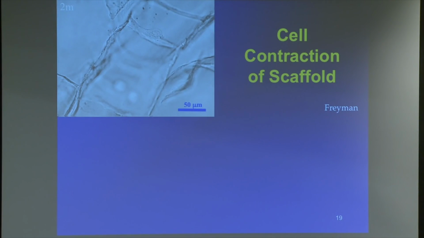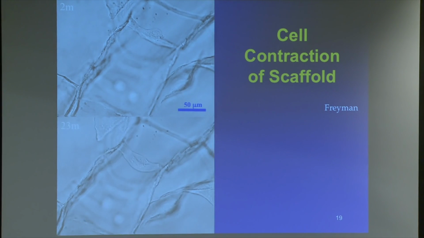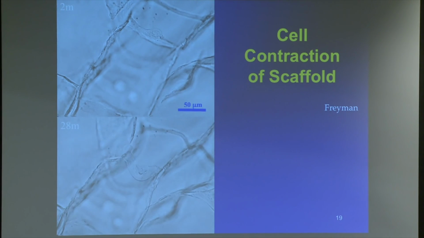We'll look a bit at cell mechanics. This is a cell contraction of a scaffold. So here these sort of very thin, transparent bits are the collagen-based scaffold. And this is a fibroblast on it right here. And I had a student, Toby Freyman, who worked with me and Yannis Yannas on this. And you can see from the video, the cell is actually contracting the scaffold and making it deform.